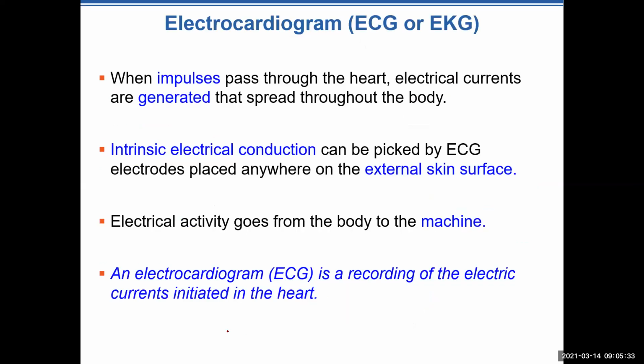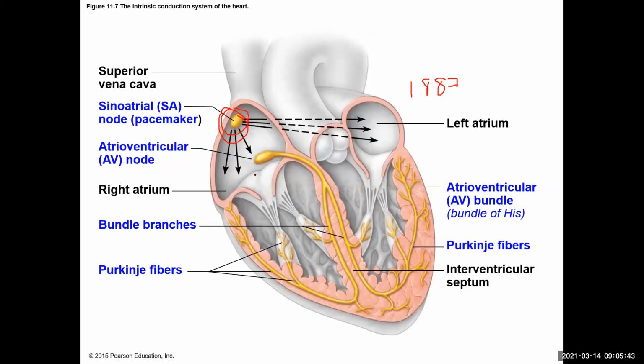So an electrocardiogram is a recording of the electrical activity initiated in the intrinsic conduction system of the heart, which we all previously learned about. You can simply say it is the flow of charges across the cell membrane, which generates the electric current, right?